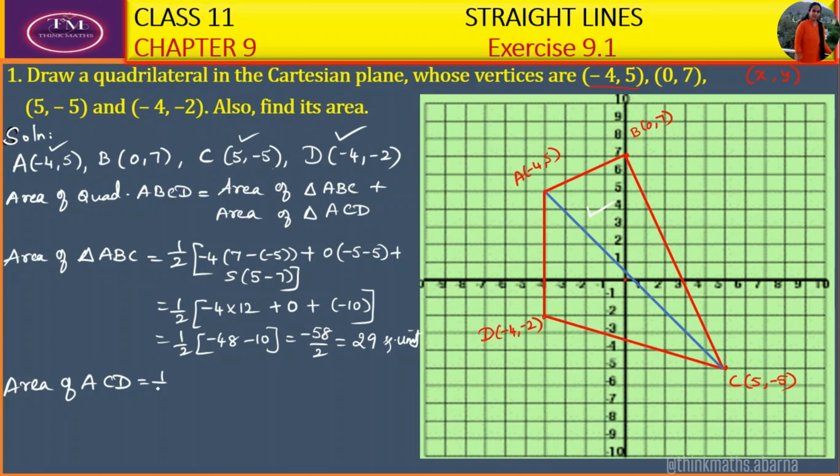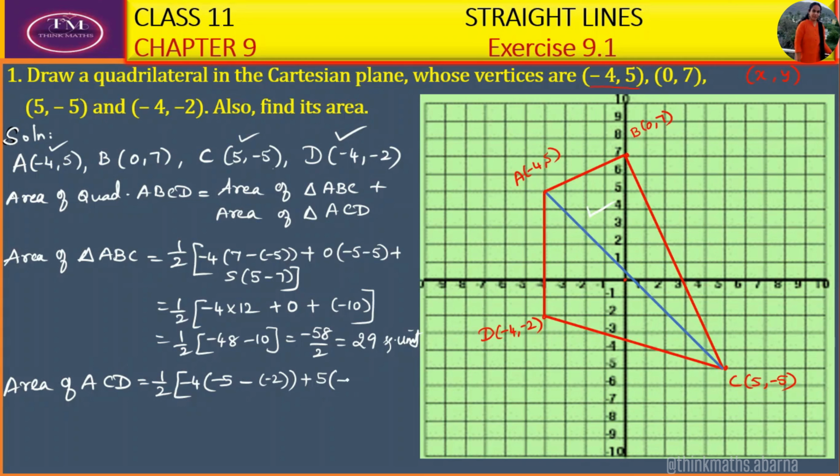So it is 1 by 2 into, what is x1? x1 is minus 4. So x1 into y2 minus y3. What is y2? y2 is minus 5, minus y3 is minus 2. Okay. Plus what is x2? x2 is 5. 5 into y3 minus y1.